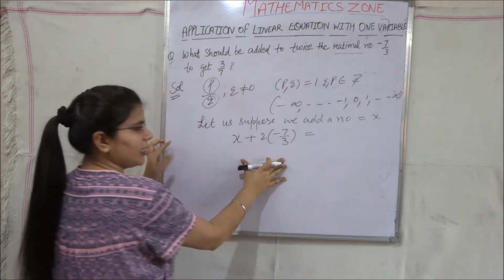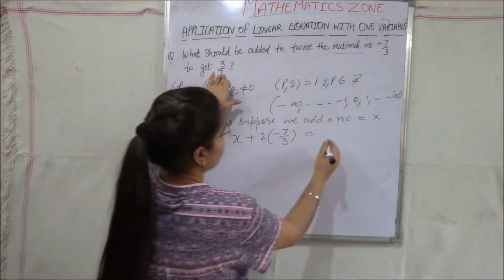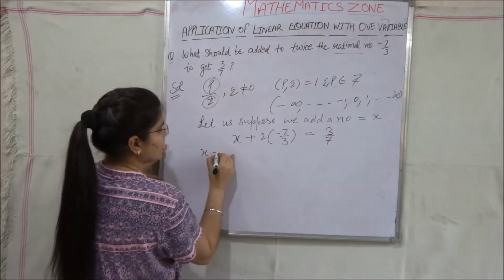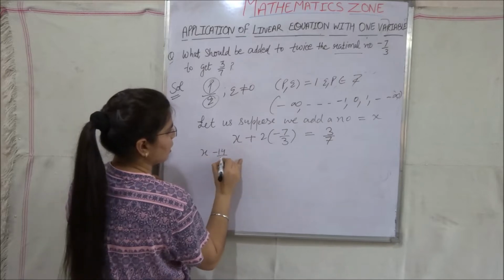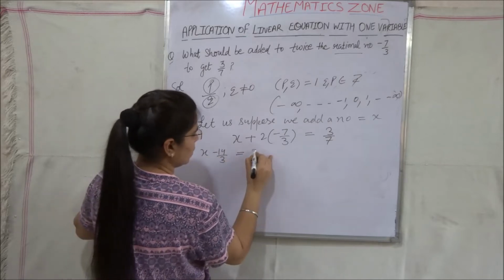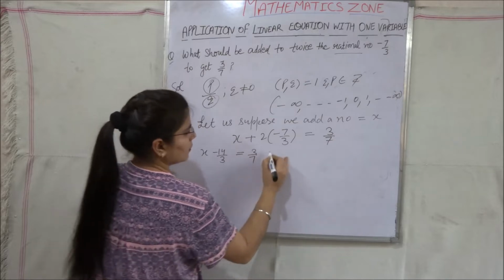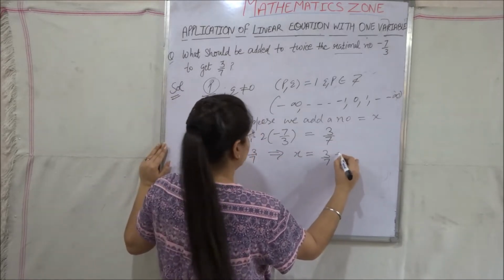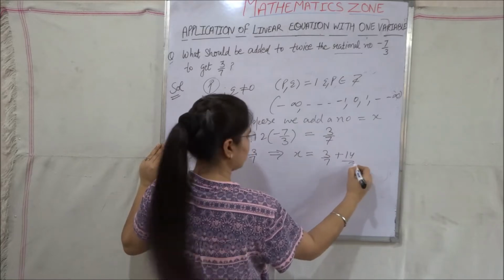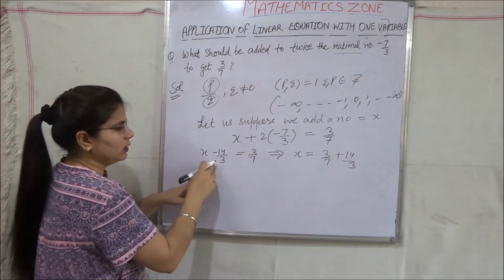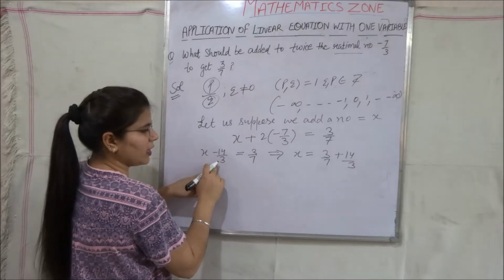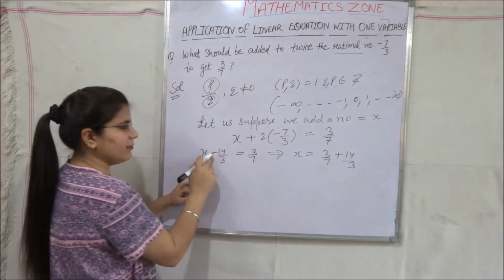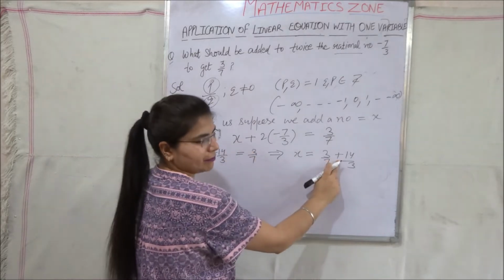After the addition of the two numbers, we get 3 by 7. Now x minus 14 by 3 equals 3 by 7. So after solving, x equals 3 by 7 plus 14 by 3. Whenever we transfer any fraction to the other side, the negative sign changes into positive.